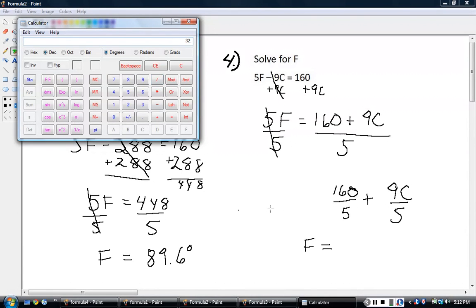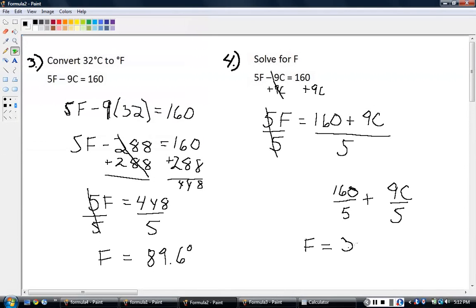So now I have my same formula written for another variable. That'd be 32 plus 9c over 5. Okay, so there's two, they're the same thing, mathematically they're the same. This is f equals 32 plus 9c over 5, or I could have left it like this.